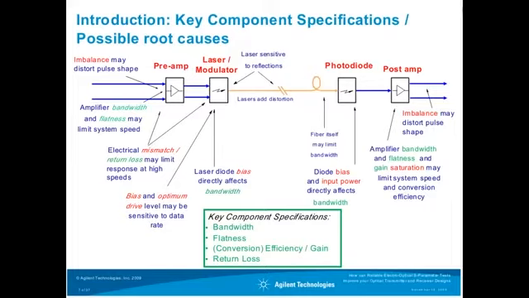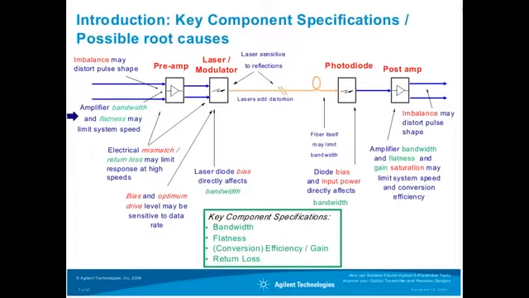The key component specifications are: what is the bandwidth of your component, how flat is the frequency response, how good is the conversion efficiency, how good is the gain of your component, and finally, if you introduce it into complete electronic circuitry, how good is the return loss? If these factors are not perfect, what could they actually do?